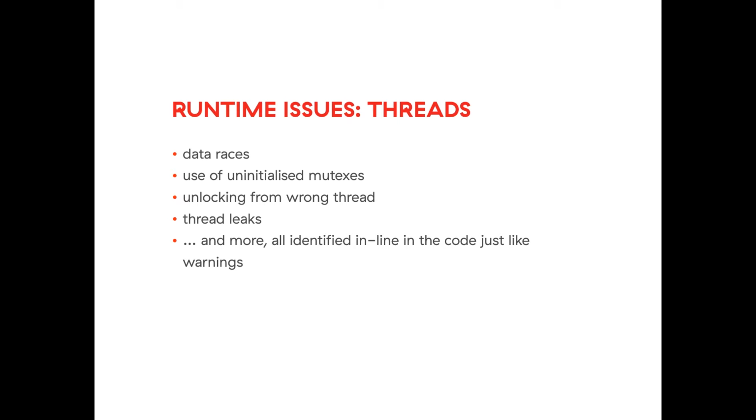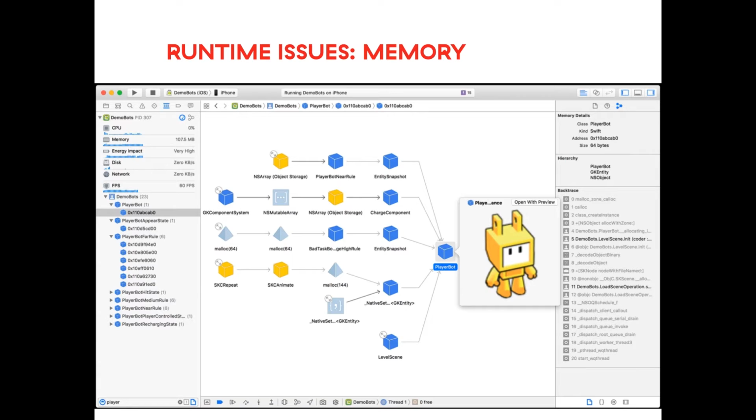Some of the runtime issues can be data races, mutexes, unlocking on the wrong thread, and many more. And with the new Xcode, it will all be inlined, so it will give you a quicker view of what's happening. Before this, you had to go to Instruments and do all the other stuff. Okay, memory. If you open Instruments, for me, the text that you get from the memory leaks doesn't mean anything.